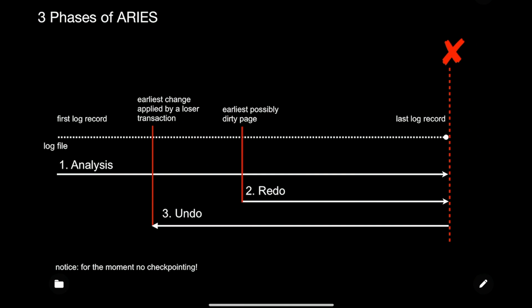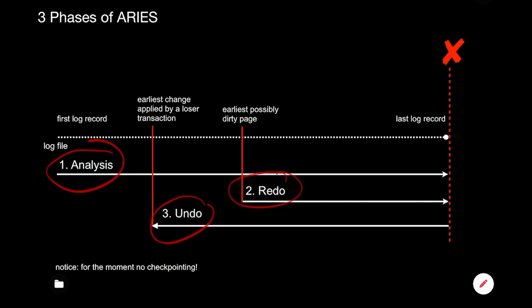And the algorithm works in three phases. There's an analysis phase, that's the first phase, there's a redo phase, and there's an undo phase. Assume again, as depicted here, this dotted line is our log file, this is the first entry in the log file, this is the last log record persisted in that file.